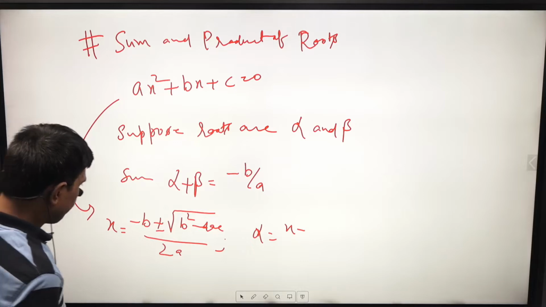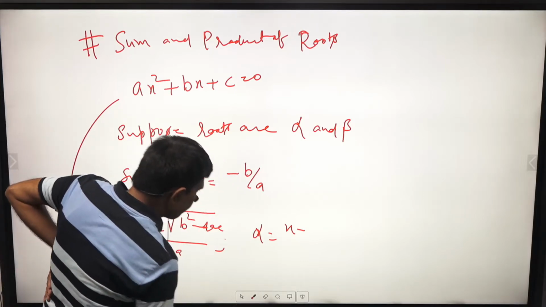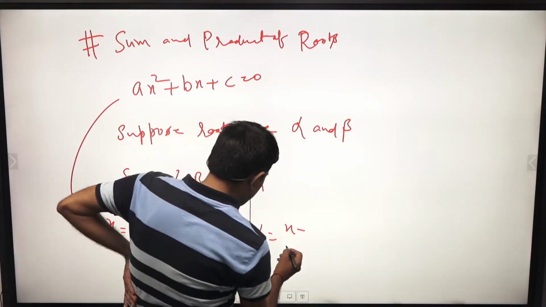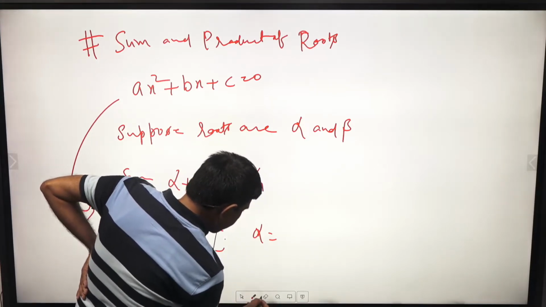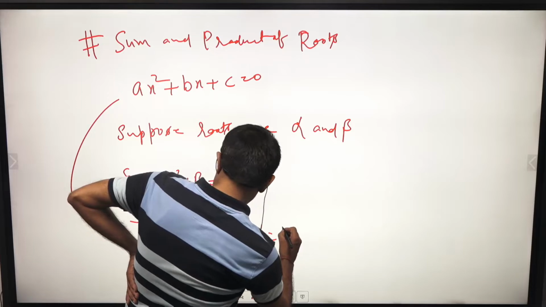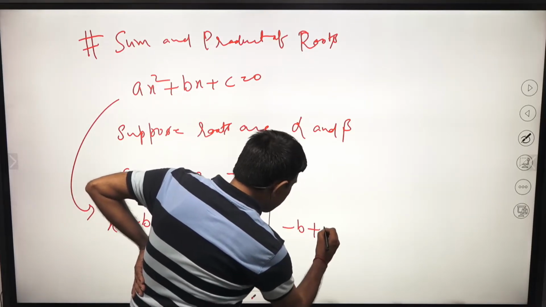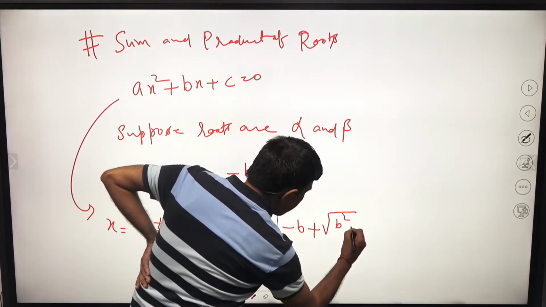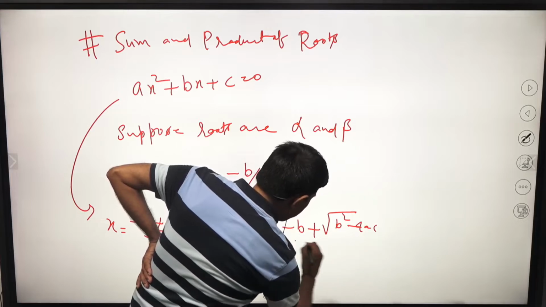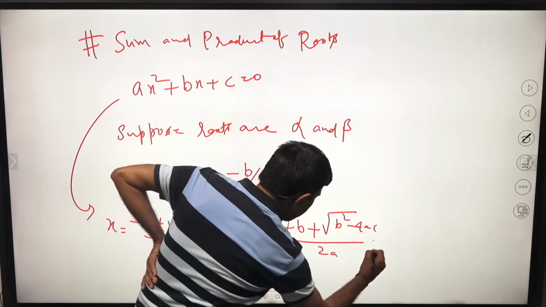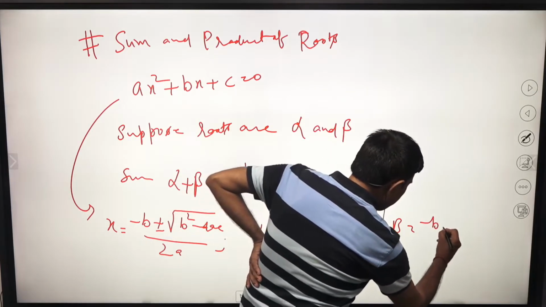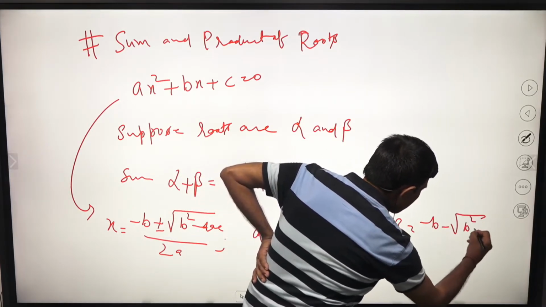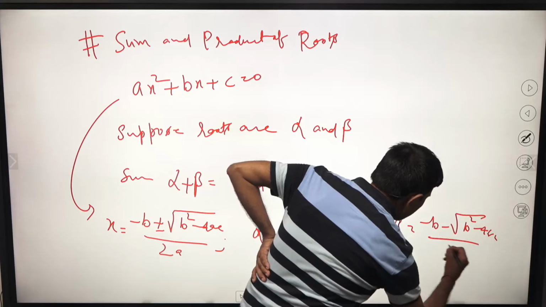Suppose alpha is equal to minus b plus root under b square minus 4ac by 2a, and beta is equal to minus b minus root under b square minus 4ac by 2a.